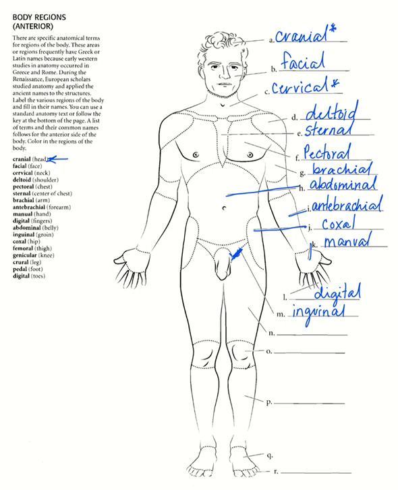Here is where your femur lies. Conveniently, this region is femoral. Your knee is known as genicular. The front of your lower leg, like where the tibia is, is crural. Your foot is known as pedal. As humans, this is why we're referred to as bipedal.